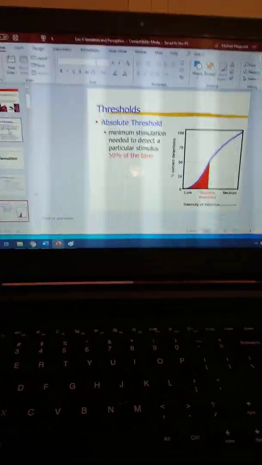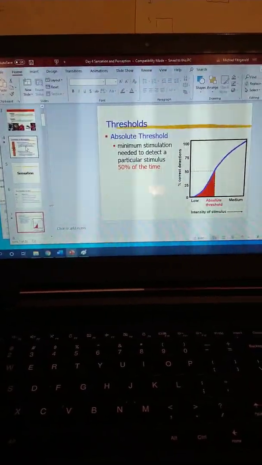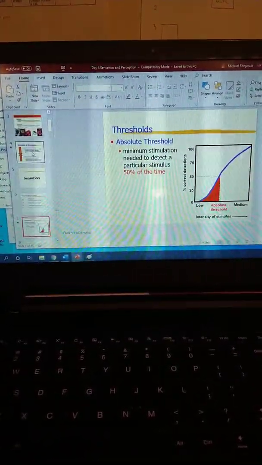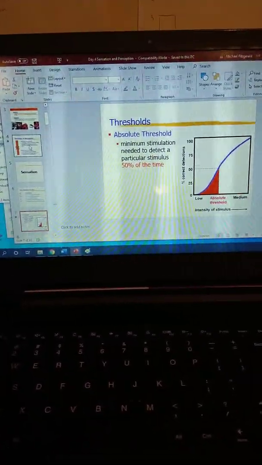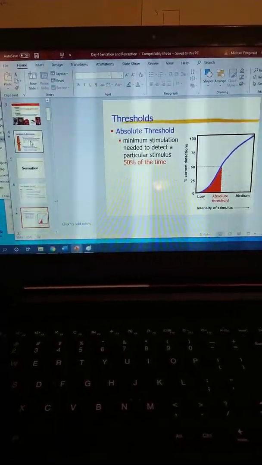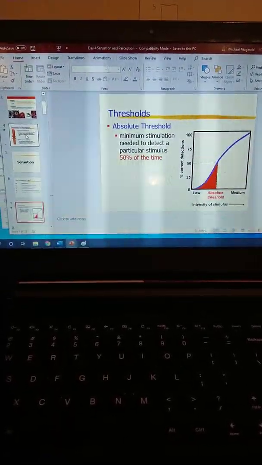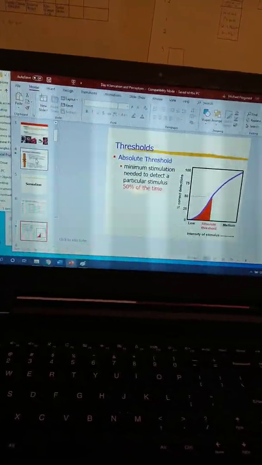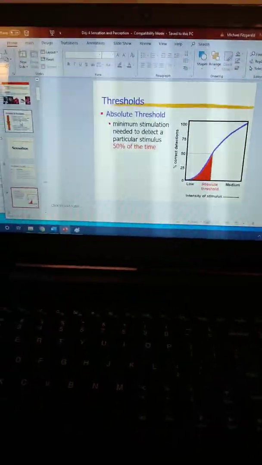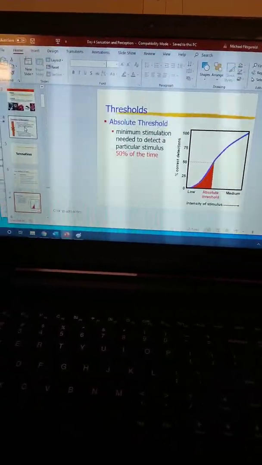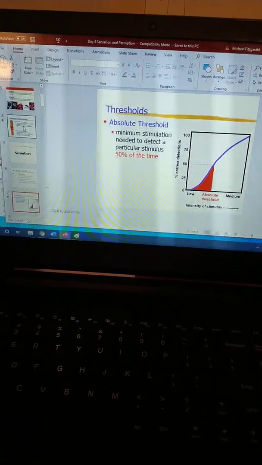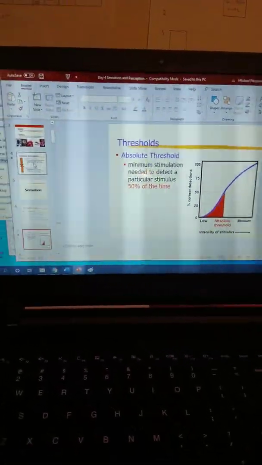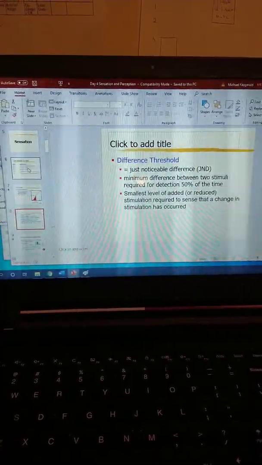The absolute threshold is the minimal amount of stimulation that is needed for us to be able to detect the presence of a particular stimulus. So like how much odor is required for us to detect that we can smell something. And we need to be able to detect its presence with accuracy 50% of the time to find out what is the minimal threshold, the absolute threshold, the minimal amount.